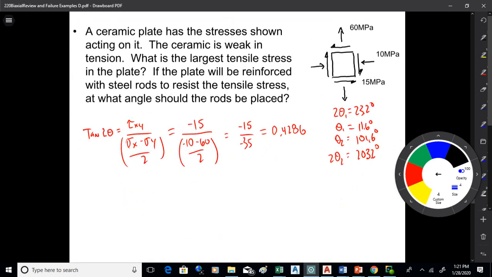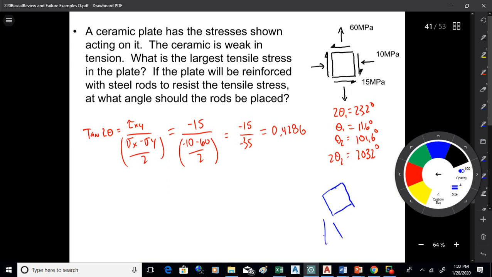That's just what comes out of the formula. Yeah, the shear on that, what you plug in is negative 15 because it's a clockwise shear.